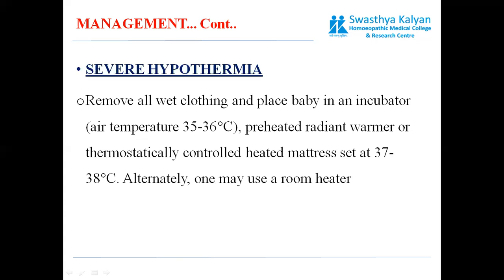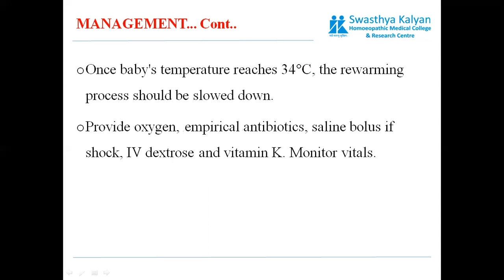Then once the temperature of the baby reaches 34 degrees centigrade, the rewarming process should be slowed down. Then provide oxygen, empirical antibiotics, saline bolus if there is shock condition. Then IV dextrose and vitamin K should also be given, and we have to monitor the vitals. Now, as we are saying that once the temperature reaches 34 degrees centigrade, the rewarming process should be slowed down.